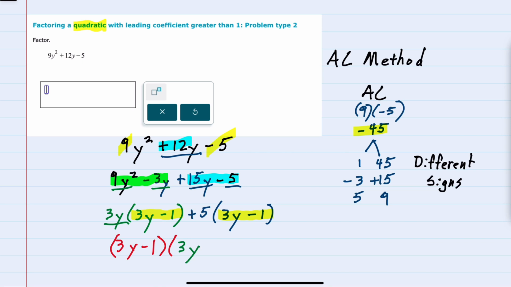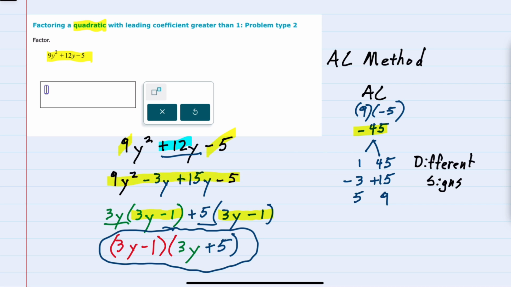In the second term, if I factored out the 3y -1, I would just have the plus 5 remaining. And here I can see that I have factored what originally was a trinomial by turning it into a quadratic and then factoring by grouping.